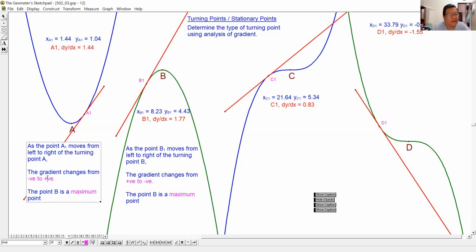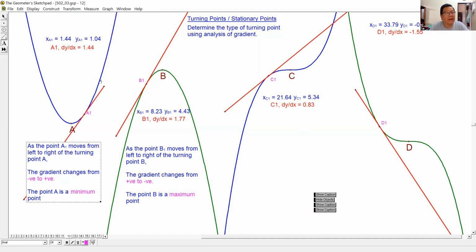The point A is a minimum point. Okay, save.